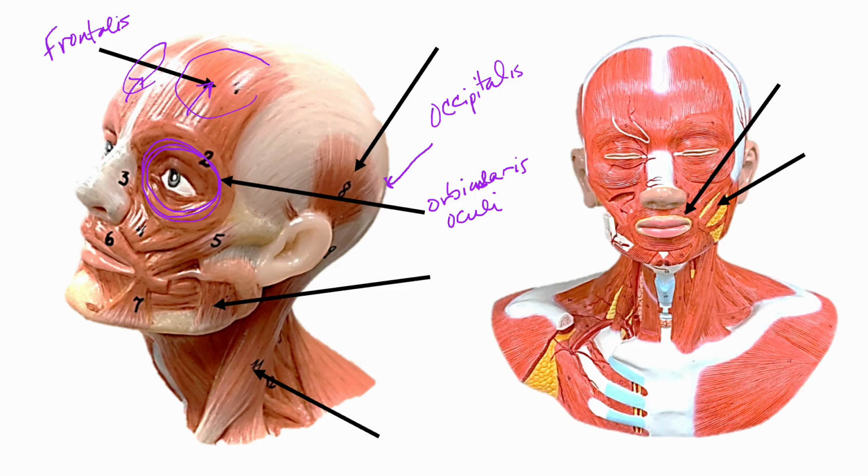All right, let's look at this other circular muscle that's labeled number 6 on this model. And we have an arrow right here, okay, on this model. That's another circular name, so orbicularis. In this case, we're talking about the mouth, right? So this is oris.